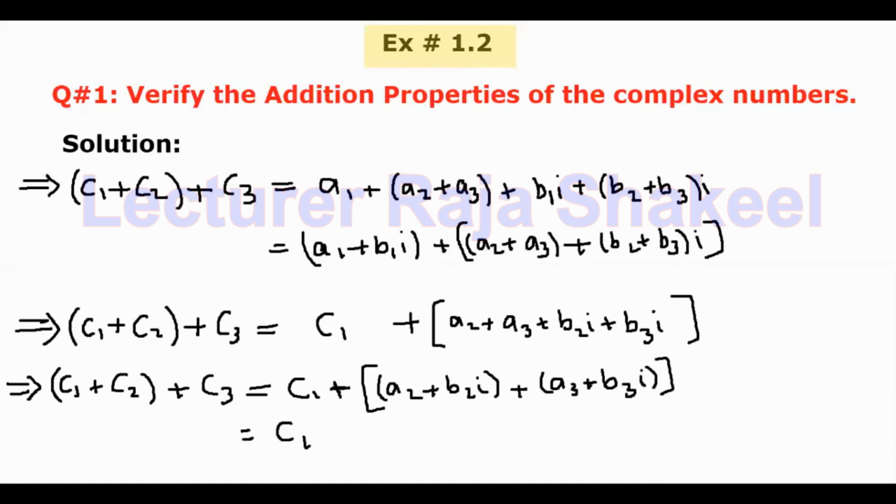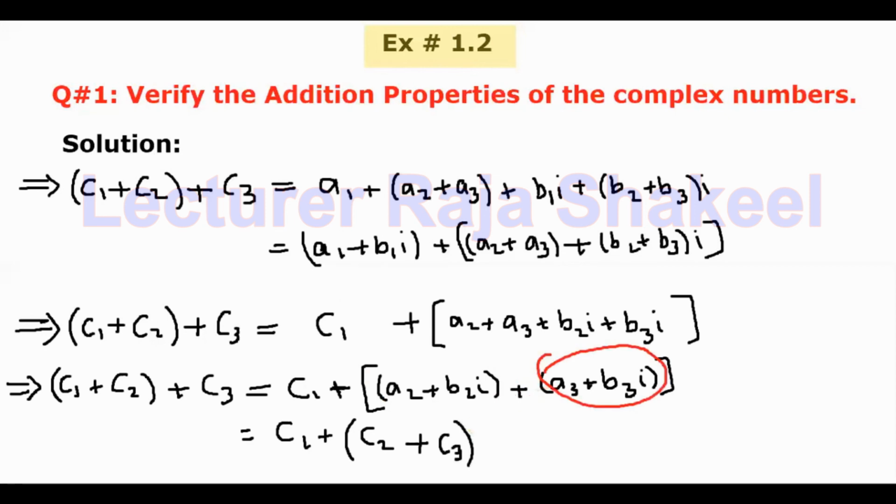You see here that a2 plus b2 iota is actually c2, the complex number which we had supposed, and plus the next complex number a3 plus b3 iota, which is c3.